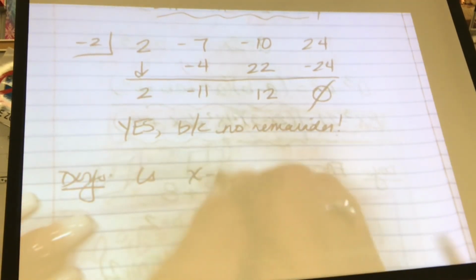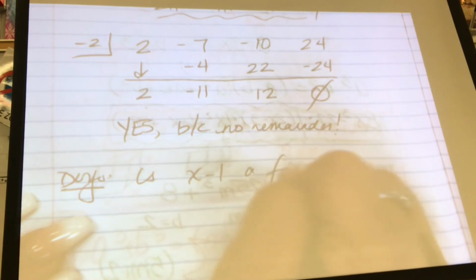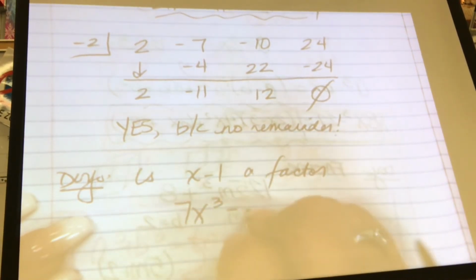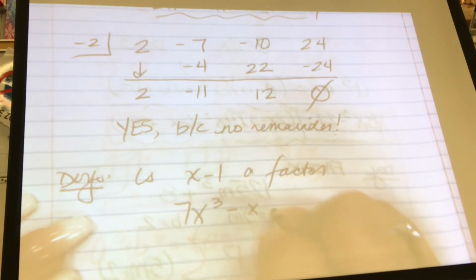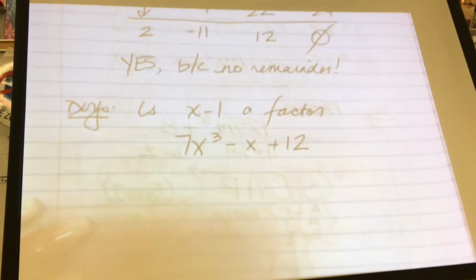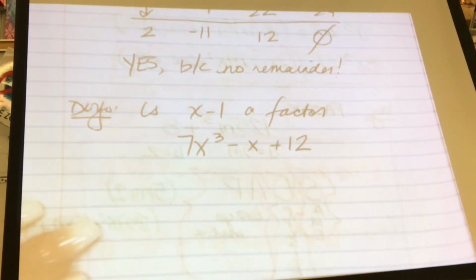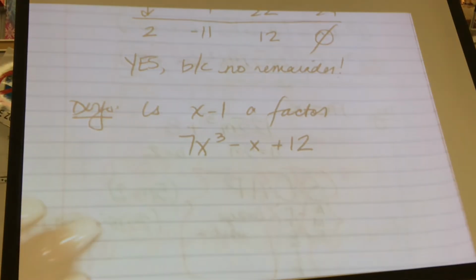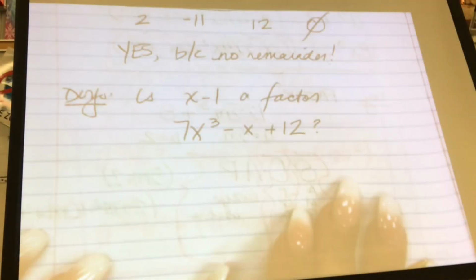Is x minus 1 a factor of 7x cubed minus x plus 12? Do you see what's missing? Okay, don't fall for it. Make sure you include it. Did everybody get a 6? 16? What'd y'all get? 18?